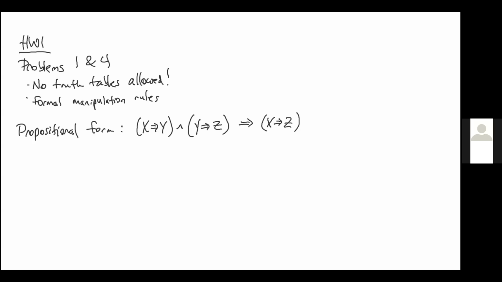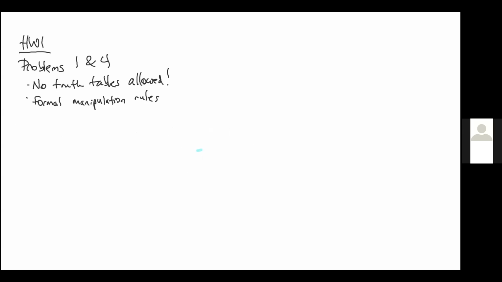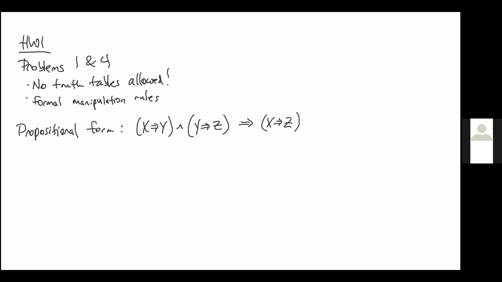Okay, the first thing I want to note is this probably just looks like a mess of symbols, but you should get in the habit of trying to translate this into English. It's not going to be essential for solving the homework problems. You can just manipulate the symbols and find a solution, but it's helpful if you actually think about these in terms of English, because then it'll stick with you.